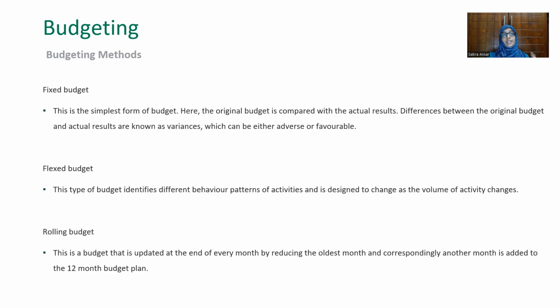So if there's any mismanagement, it will never continue, because when it happens in one month, it will be updated in the budget plan of the new month, looked into in the coming months, and managed as well.